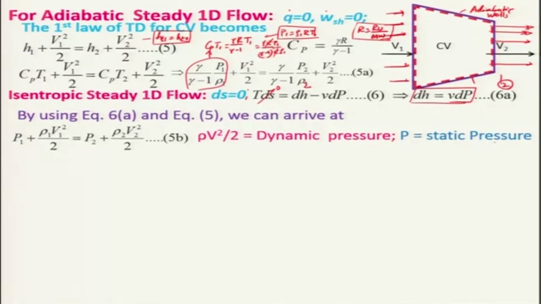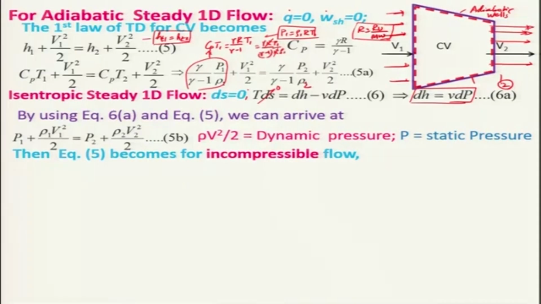Keep in mind P is the static pressure and rho V square by 2 is nothing but your dynamic pressure, and in this case the gravitational effect is not being considered. So, then equation 5, as I told earlier, becomes, for an incompressible fluid, the form of equation 5b.